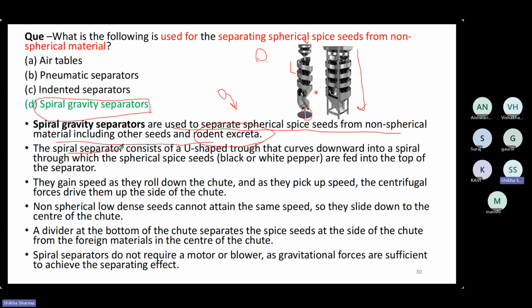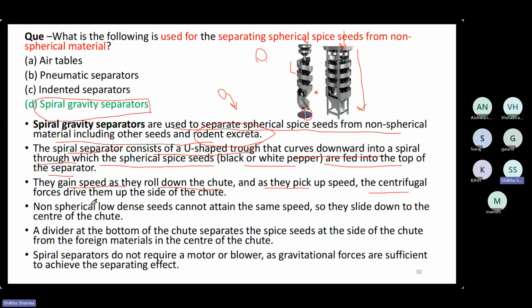The spiral separator consists of a U-shaped trough that curves downwards into a spiral, through which the spherical spice seeds, like white or black pepper or mustard seeds, are fed at the top of the separator. Because of the curves and the slope, they come faster. They gain speed as they roll down the slope, and because they are round, they can pick up speed.